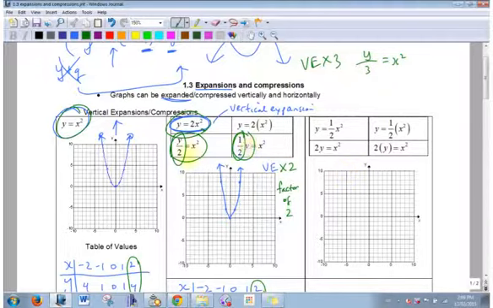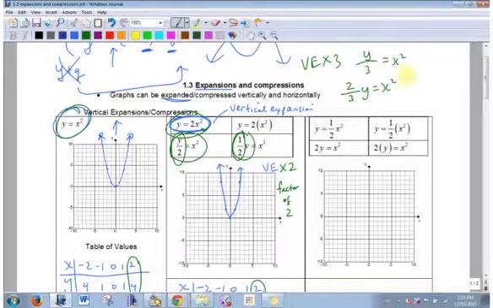Or 1/3 times y, which would be the same thing as putting the 3 over here. What does that do? Is that a value less than 1 and greater than -1? So that's going to also be a vertical expansion.